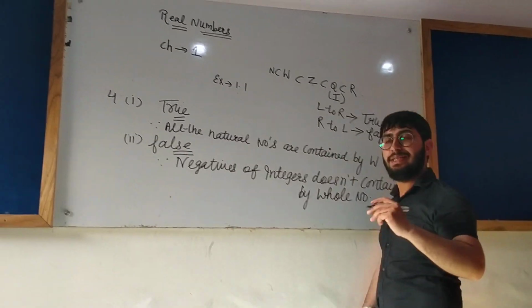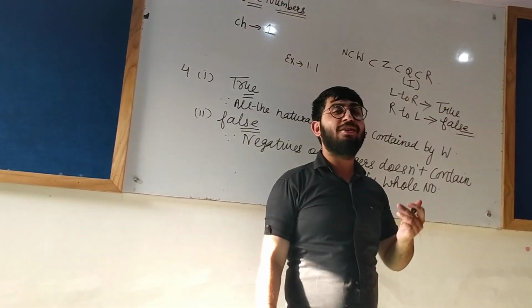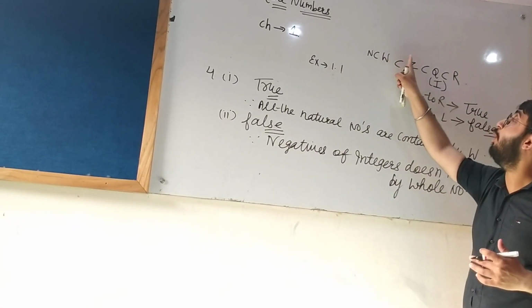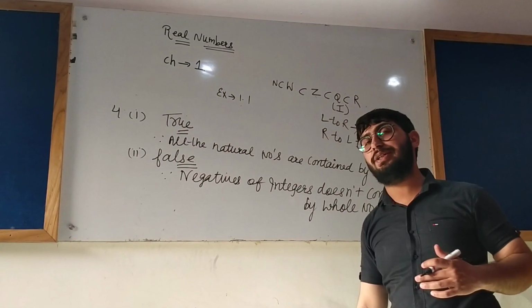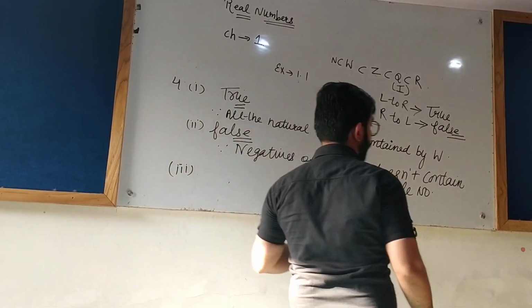The set of whole numbers is the smaller one and the set of integers is the bigger one. Therefore, all integers are not whole numbers. But all whole numbers are integers.